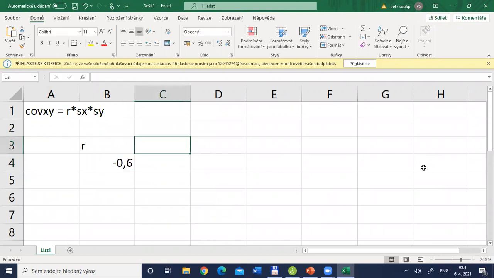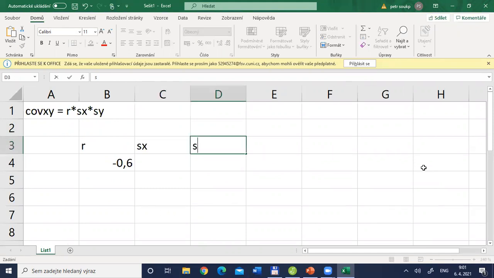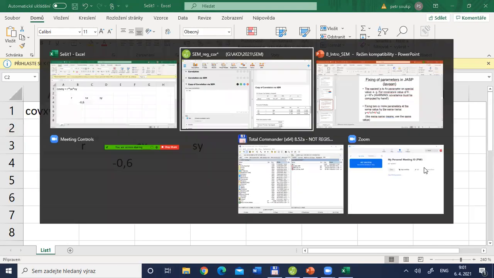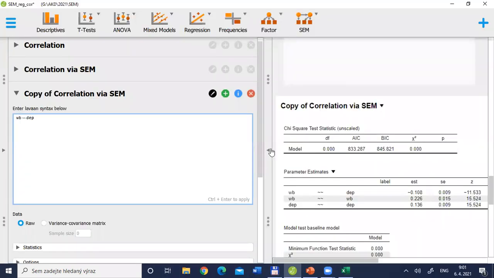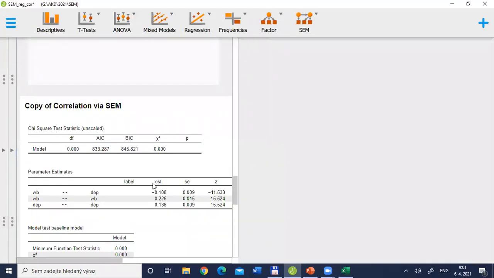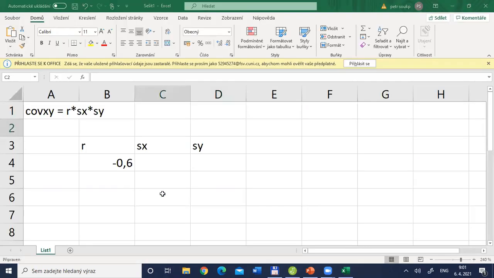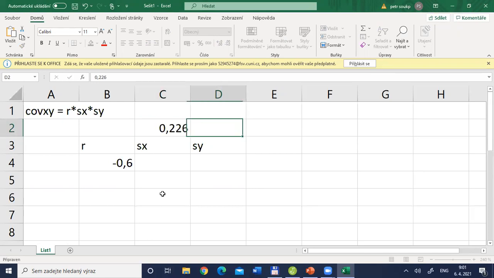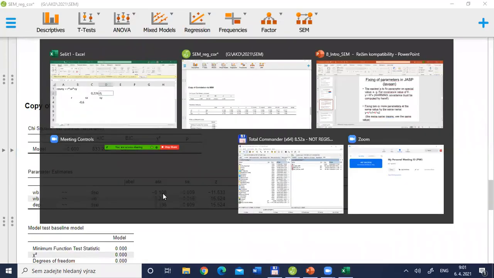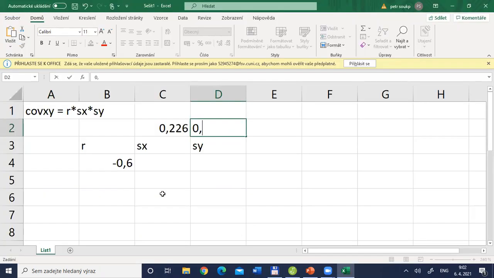The question is, what is the standard deviation of x and the standard deviation of y? So I can go once again back into the previous computation. And here we have information about the variance of x and the variance of y, 0.226 and 0.136. So I'm typing 0.226 and 0.136.